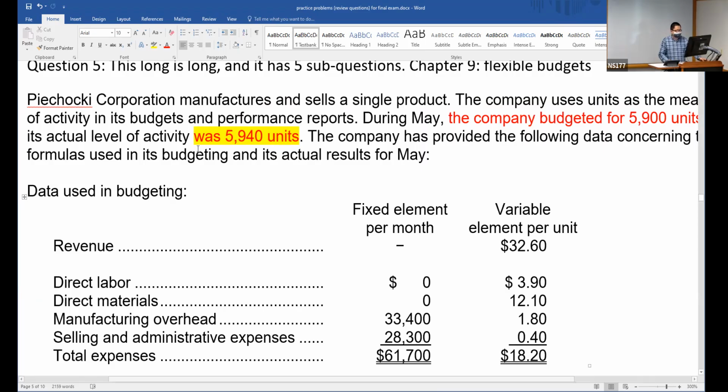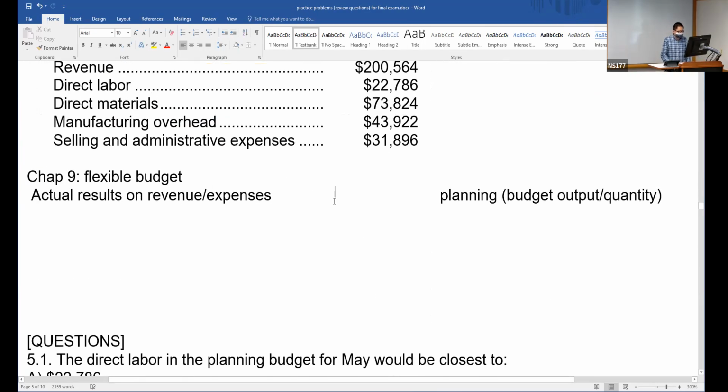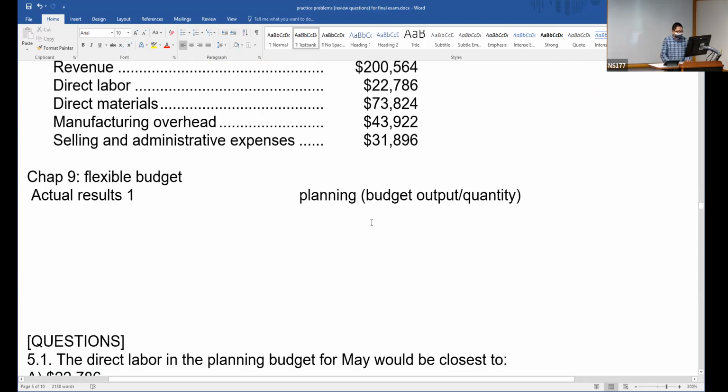That's why we want to insert a column in the middle. Let's say column 1 is the actual result, and column 3 is the planning outcome, the planning budget.